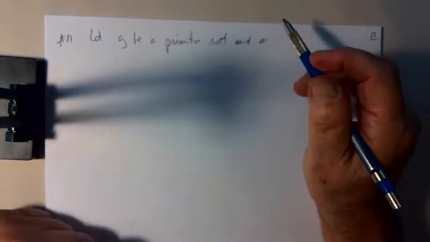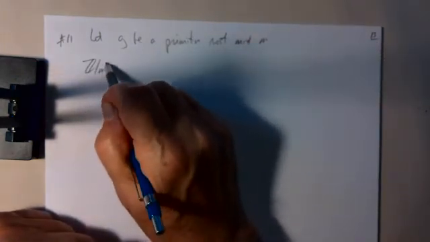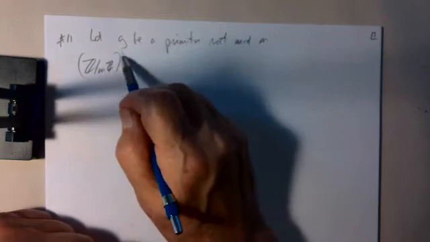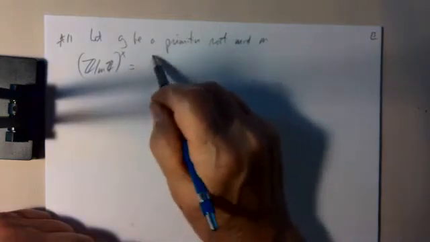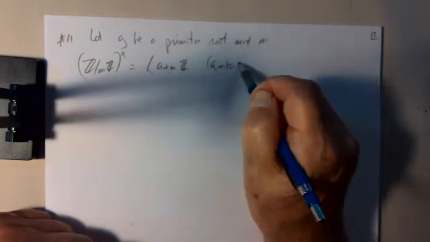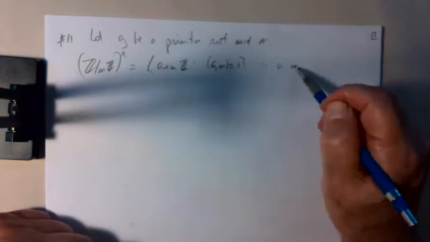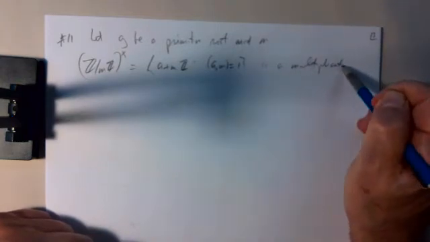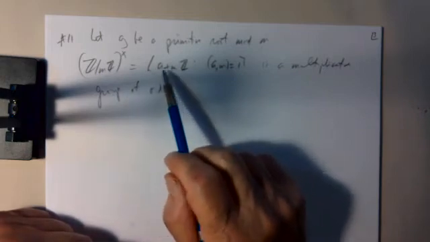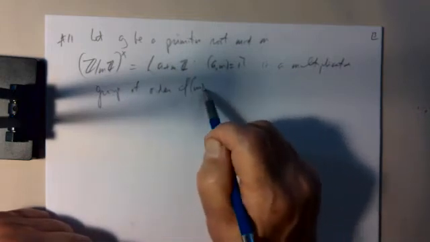So what that means is Z mod mZ, that's the ring of congruence classes mod m. It's generally not a field unless m is a prime, but in any case, Z mod m star is all congruence classes a plus mZ, where a and m are relatively prime. This is a multiplicative group of order exactly how many integers from 1 to m are relatively prime to m, and that's phi of m.